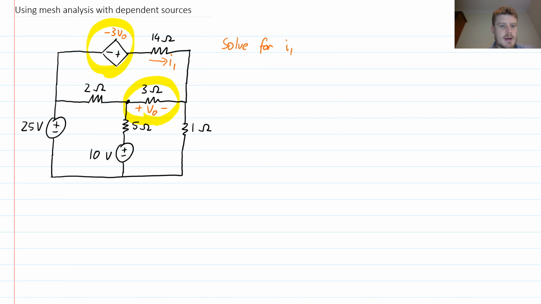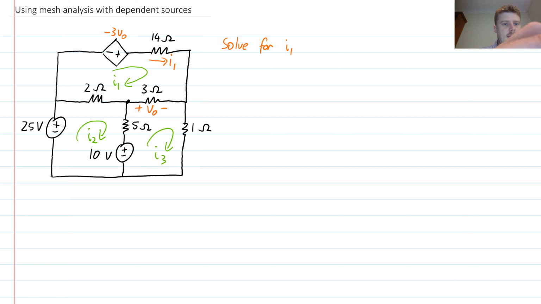So let's have a look at what's going on with that dependent voltage source. In particular here, I can analyze the voltage V0, and I can do that using Ohm's law. If I analyze that by Ohm's law, then I will get a combination of mesh currents. I use Ohm's law to be positive for currents that flow from positive to negative.